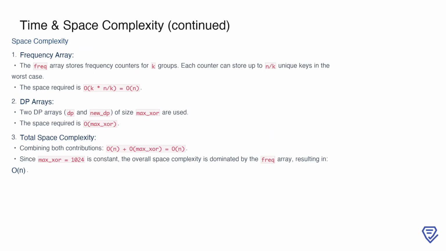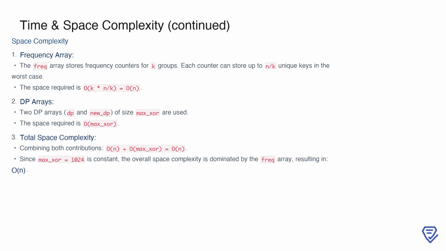Now, let's consider the space complexity of the solution. First, we have the frequency array, which stores frequency counters for all k groups. Each frequency counter can store up to n/k unique keys in the worst case, resulting in a total space requirement of O(k * n/k), which simplifies to O(n).